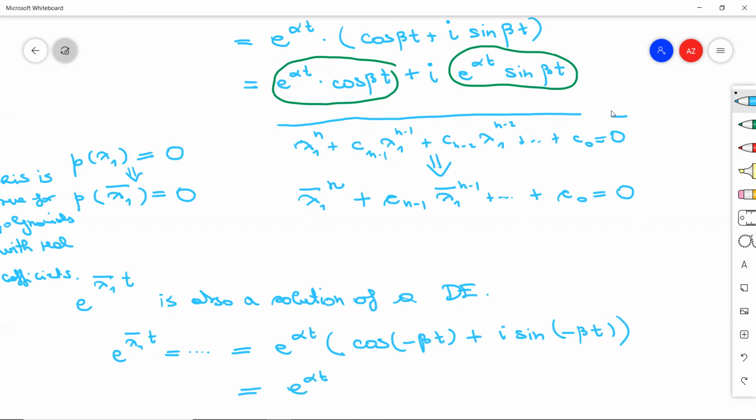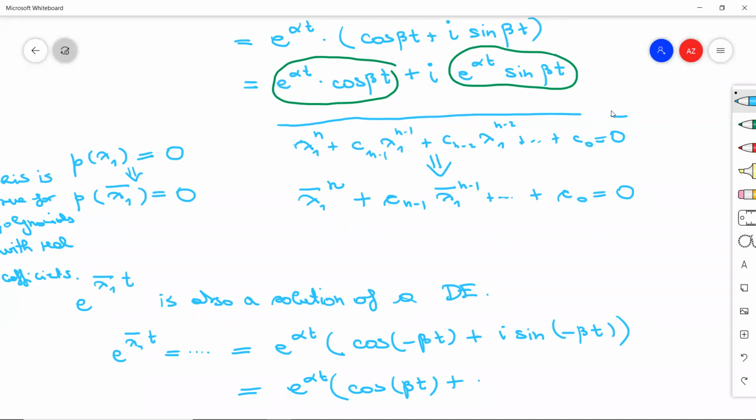Now, what kind of function is cosine? What can we do with this minus? Can we forget about it? We can forget about it because it is an even function. So it's symmetric with respect to the y-axis. So it's just cosine beta t plus... what about sine?